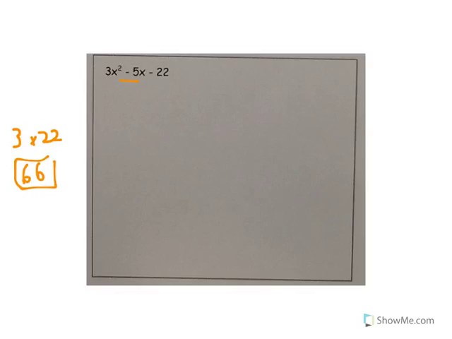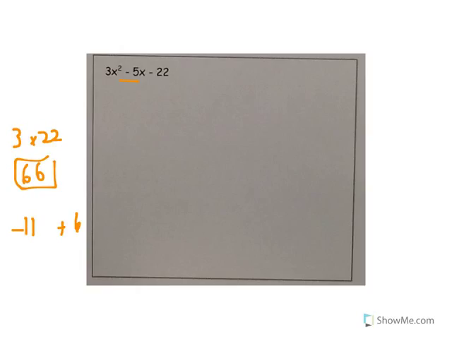So one of them has to be negative and one of them has to be positive. The only two that come to my mind, and there's going to be more negatives than positives, are negative 11 and then positive 6. It's either that or 66 and 1 or 2 and 33, but those are too far off. So this is the one that works.